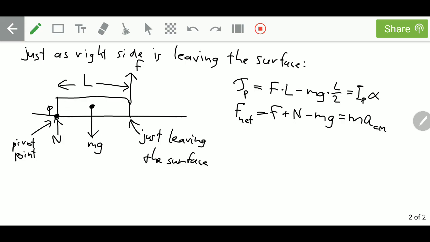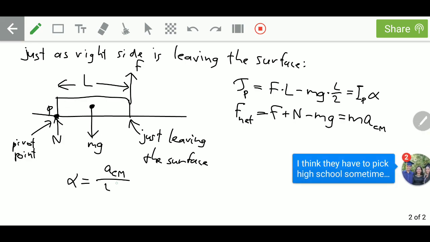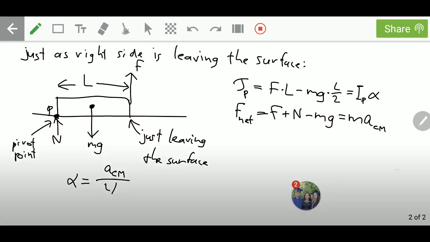Now, these two quantities are related. The angular acceleration alpha is just going to be equal to the acceleration of the center of mass divided by the distance of the center of mass to the pivot point, which is L over 2.